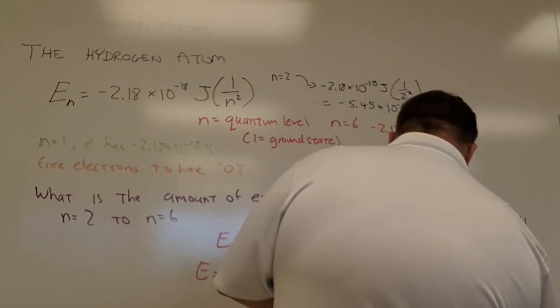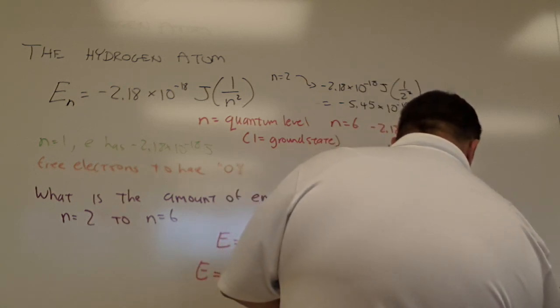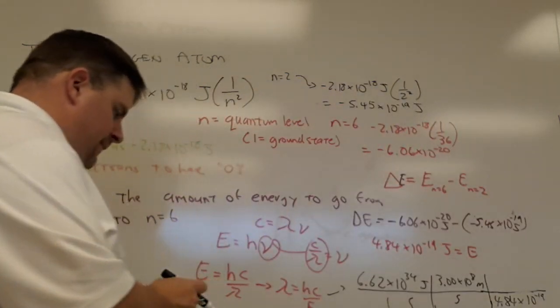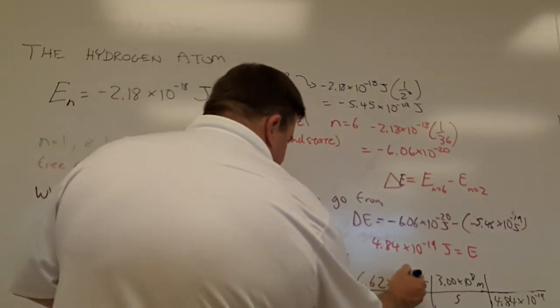You guys should be yelling at your computers. 4.84 times 10 to the minus 19th. And the wavelength that we're going to get out, oh, I've done something wrong. Oh, that's minus. There's a minus here.